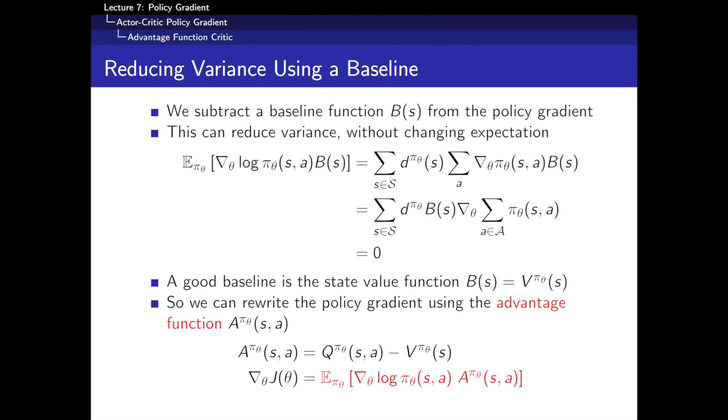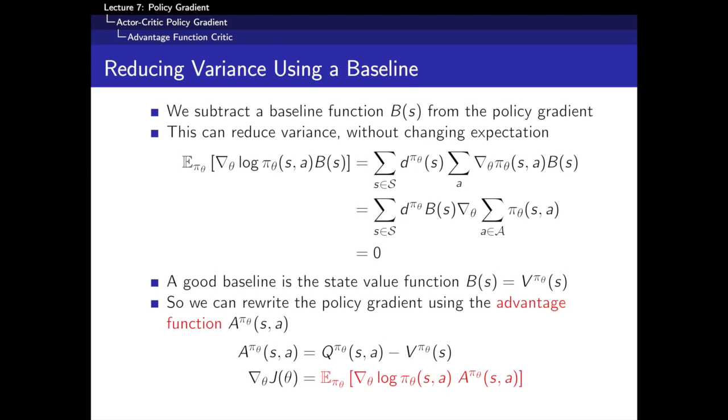But now this result tells us that we can add or subtract anything we want from this q, as long as that thing is just a function of state and not a function of action, so as to control the variance of this whole term. We want this expectation to be low variance, but we don't want to change the direction of ascent. And there's a particularly nice choice that we can pick, which is going to have some nice consequences for us.